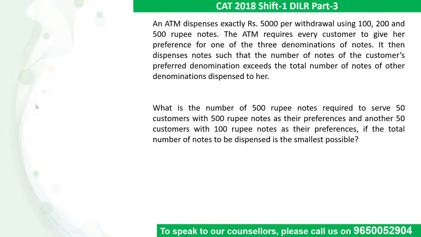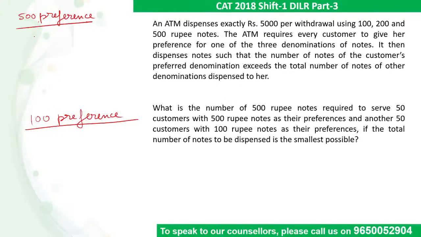So what will we do? So we have two sets. Okay. One set is with 500 as the preference and another set is with 100 as the preference, and we have to minimize the number of notes. Okay. If a person has 500 as the preference, what is the minimum number of notes can I give? I can give 10 notes of 500.